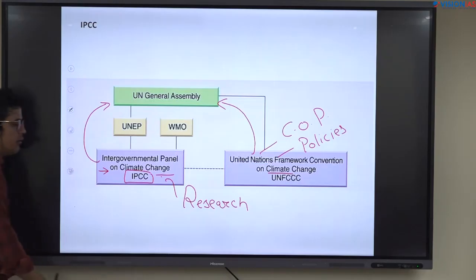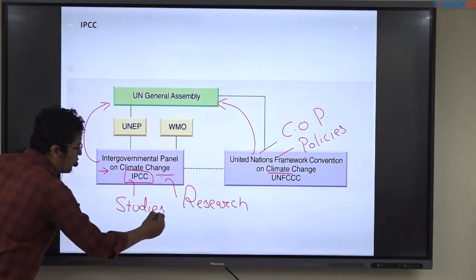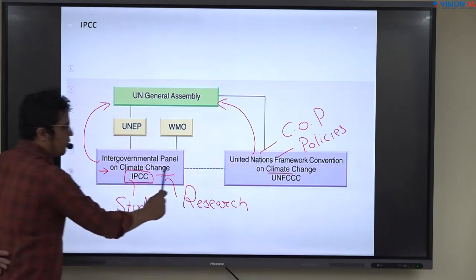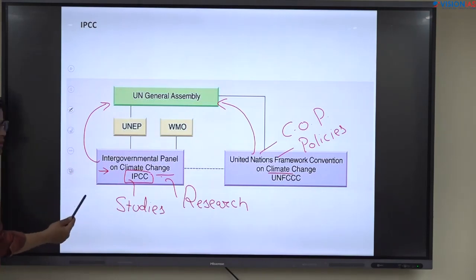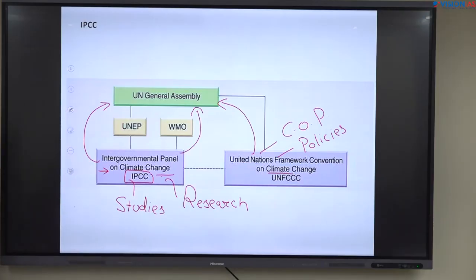They conduct research. They conduct studies related to climate change. This is what they do. They carry out research with respect to climate change. So they both are different. They make policies, they conduct research, they conduct studies. Both of them work under United Nations.